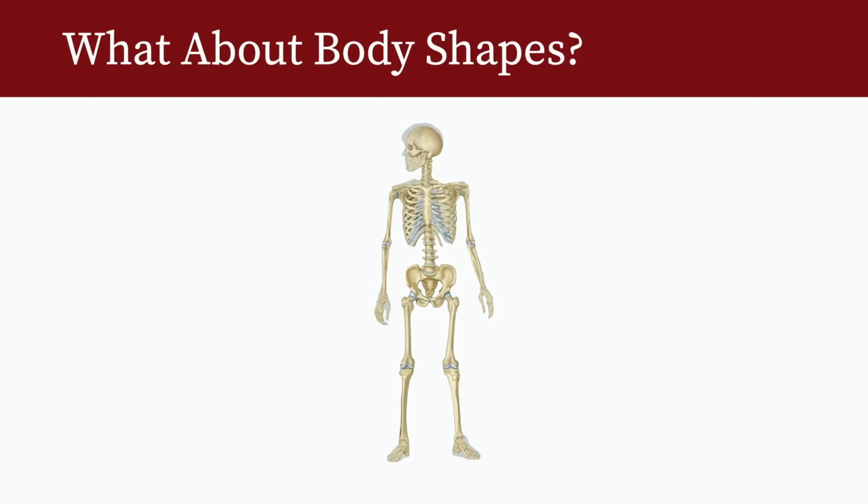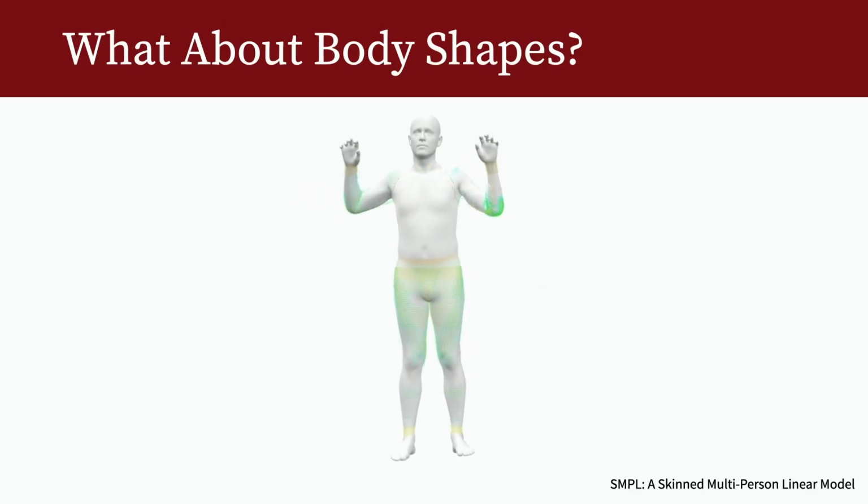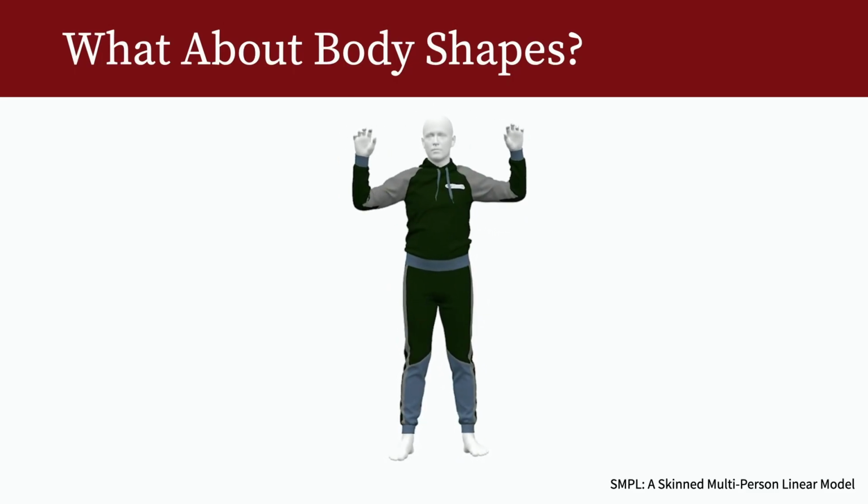Now, a detailed skeleton is critical for healthcare applications, but in computer vision and computer graphics, people arguably care more about the outside, the shape of the body, rather than the interior skeleton. And that's why we have a model like SMPL. I'm sure a lot of people here know and use SMPL.